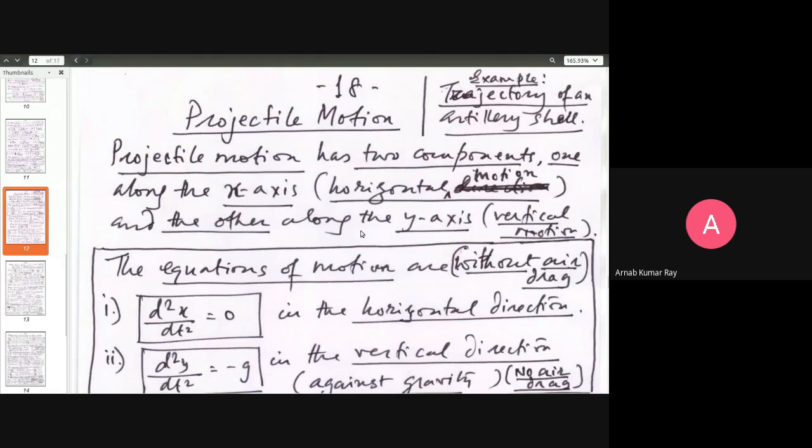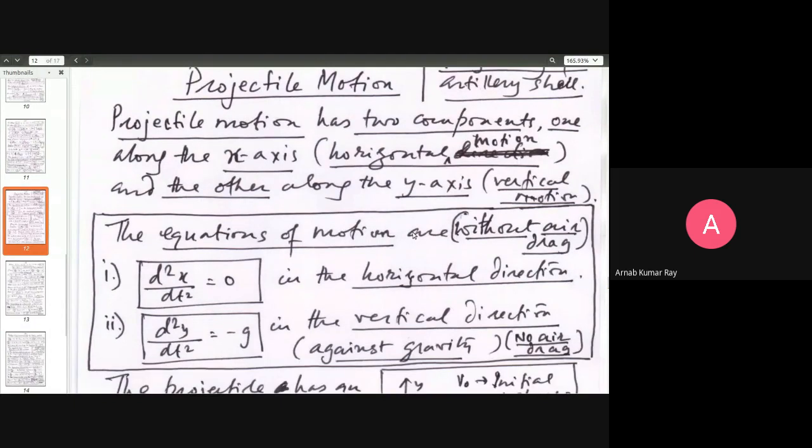Third, a bicycle rider's motion through air, that is horizontal motion. The first two were vertical downward motion. Now we are talking about projectile motion, where you have both a horizontal component and a vertical component. That is the thing that we ended on in the last class.